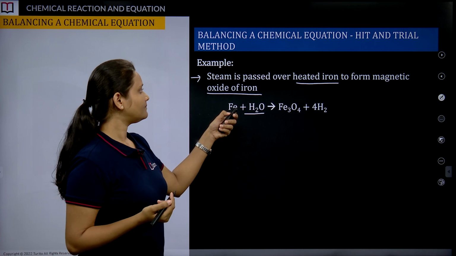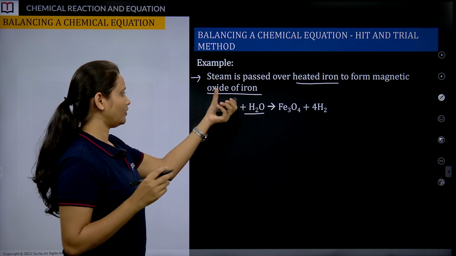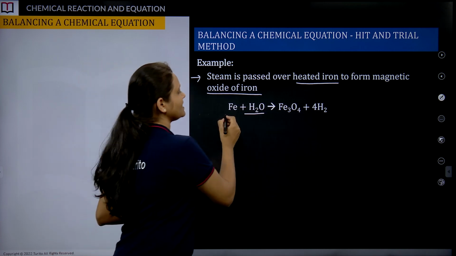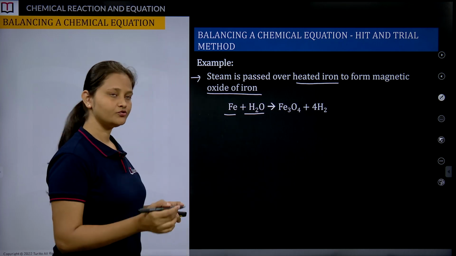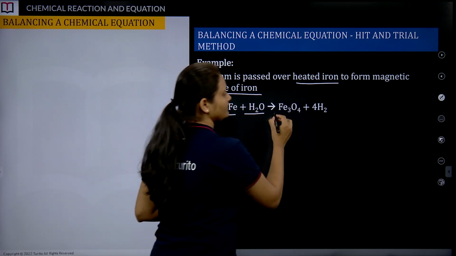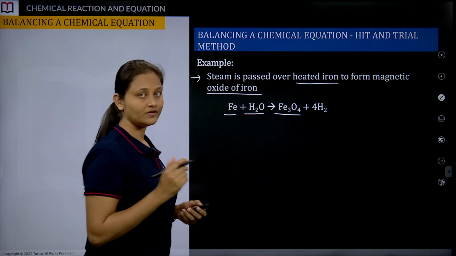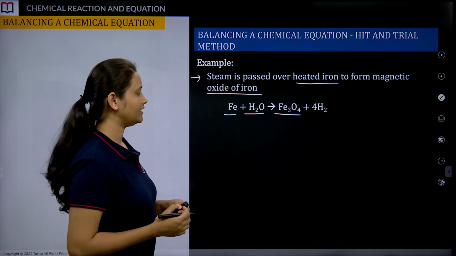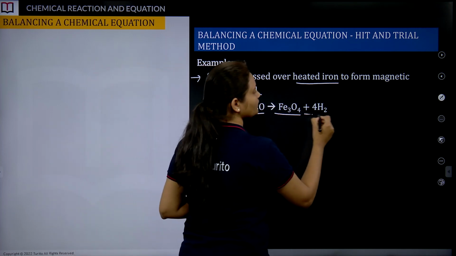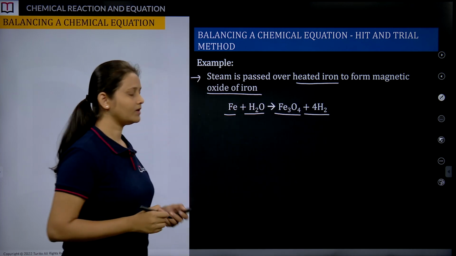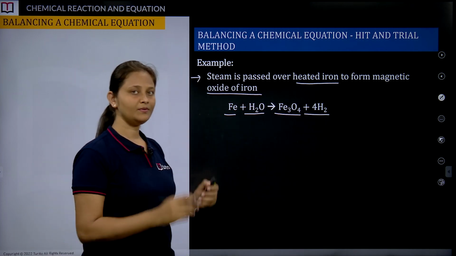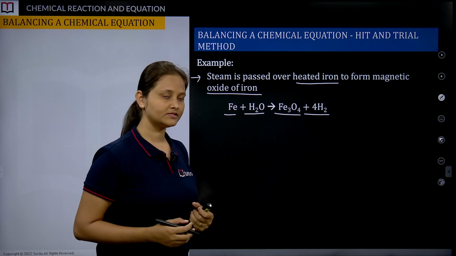Now it is passed over heated iron, that means iron is there. Fe plus H2O going to give you the oxide Fe3O4, ferric oxide, along with the release of hydrogen gas. Okay, this becomes your chemical equation which we need to balance now.